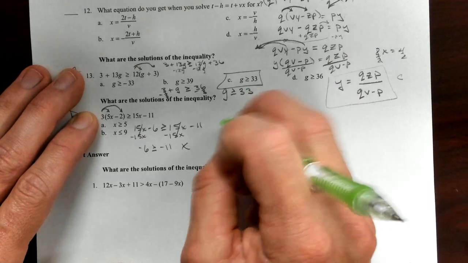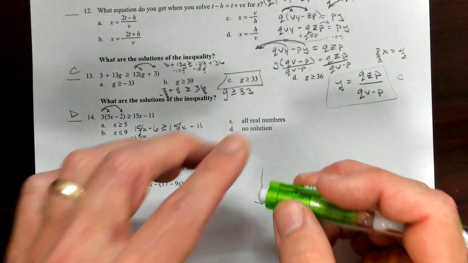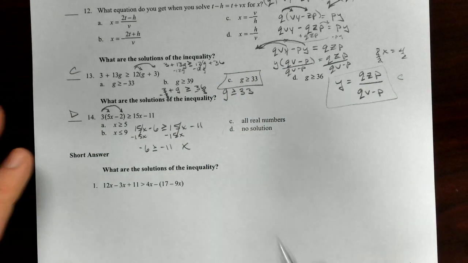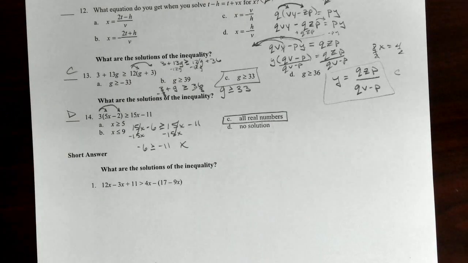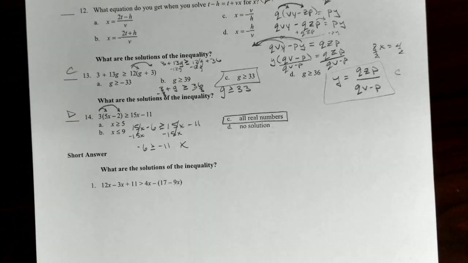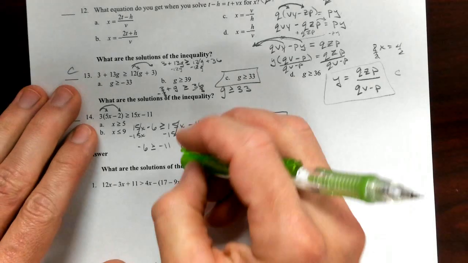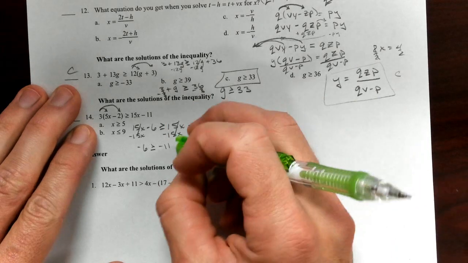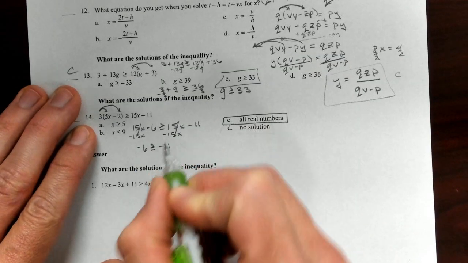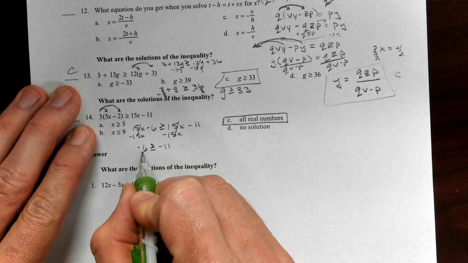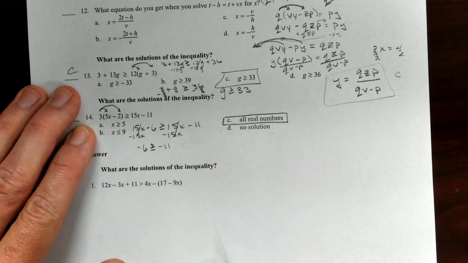Okay, let's talk about this. Let's think about it, Samia. Why is that the case? The variables canceled out. Okay, so let's think about this. This is not an equal sign anymore, right? This is a greater than or equal to sign. So is negative 6 greater than or equal to negative 11?